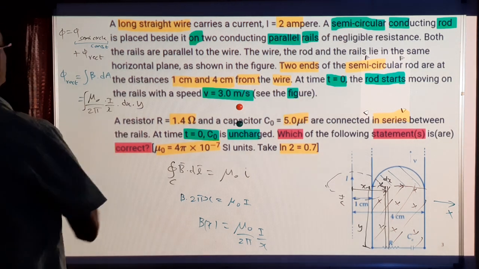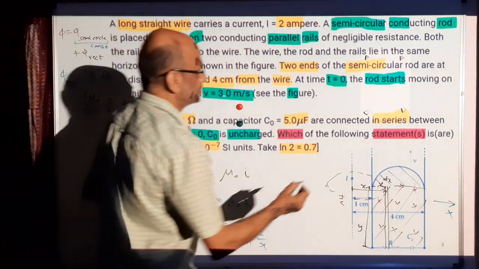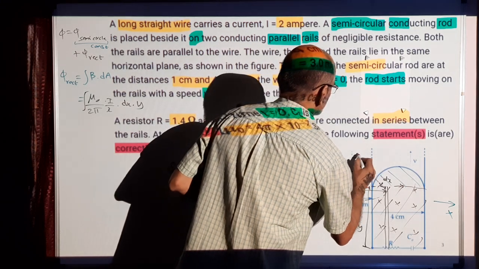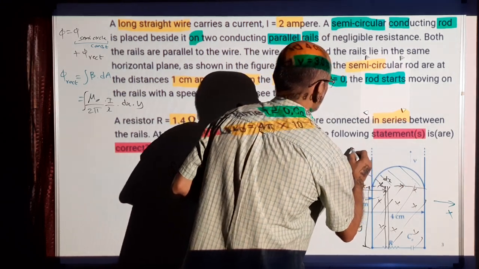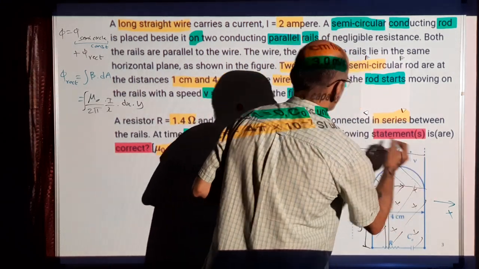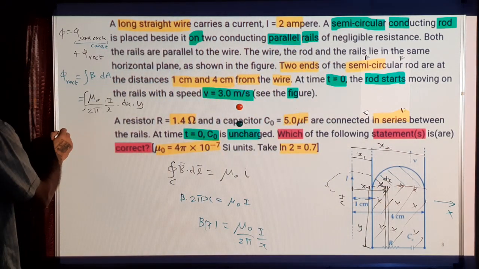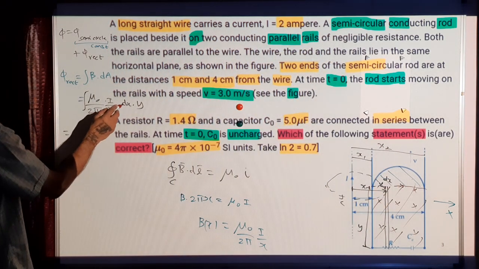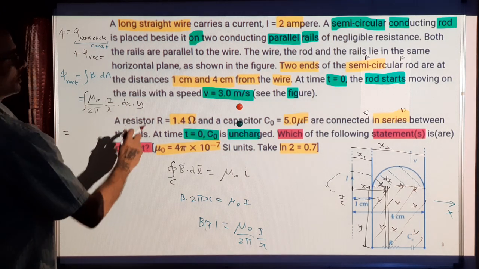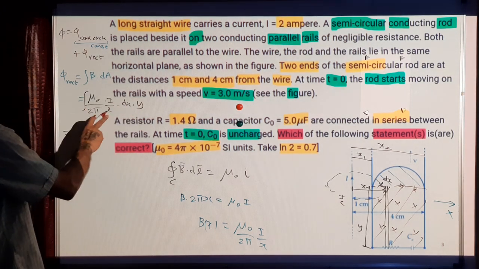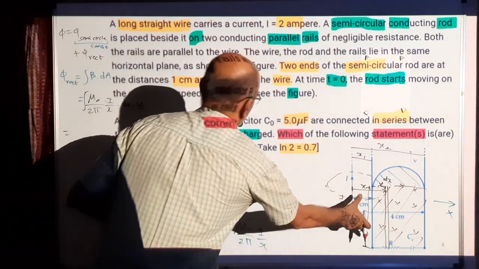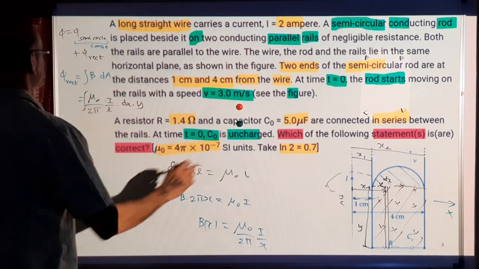B dot dA, from x equal to x1, and from here to here, the second rail, it's x2. This integration is for a particular instant, where y is fixed, so the integration is over x.